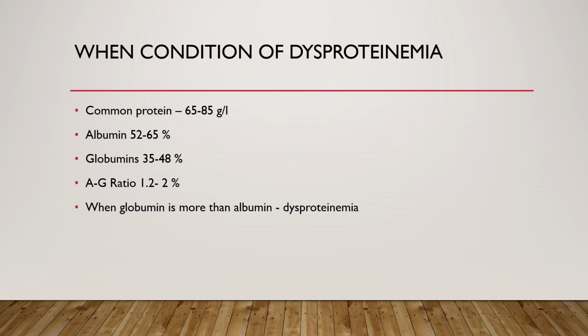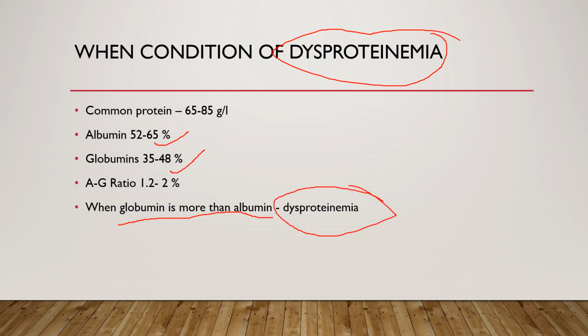Generally the level of albumin is more than globulin, but sometimes there are metabolic reactive changes inside the body, and as a result the level of globulin is more than albumin. This is the condition of dysproteinemia. For example, if the globulin level becomes 55 and the albumin level becomes 36, the globulin is more than the albumin, so this condition is dysproteinemia.